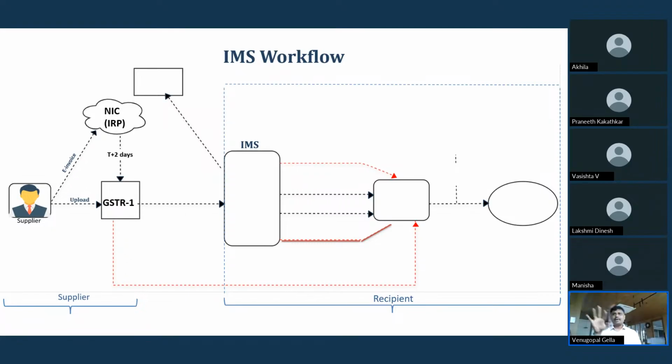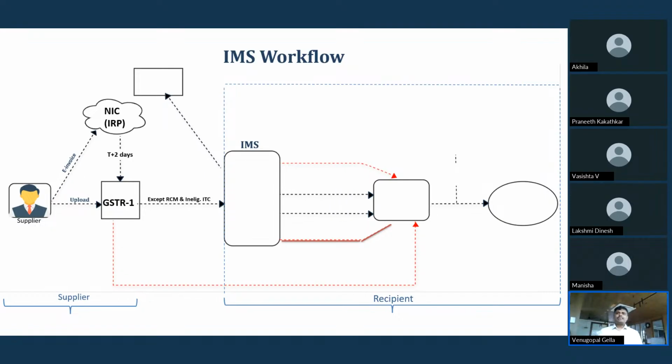Now I'm explaining the recipient dashboard. This data of the supplier is flowing to GSTR1. In a normal course, it would have gone to 2B, 2A, and 3B thereon. But now you can see there is an interim box called IMS.